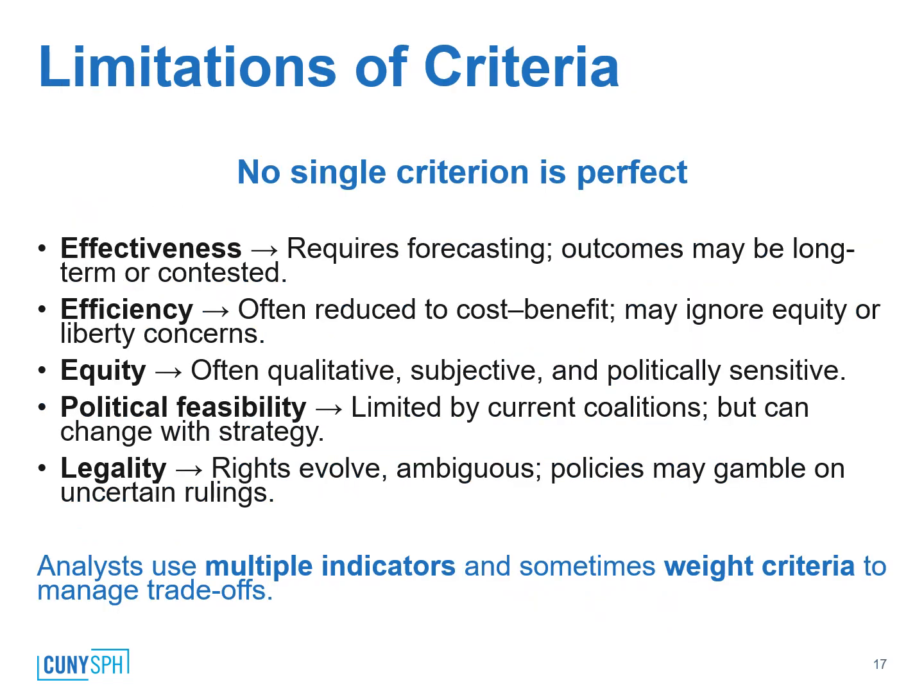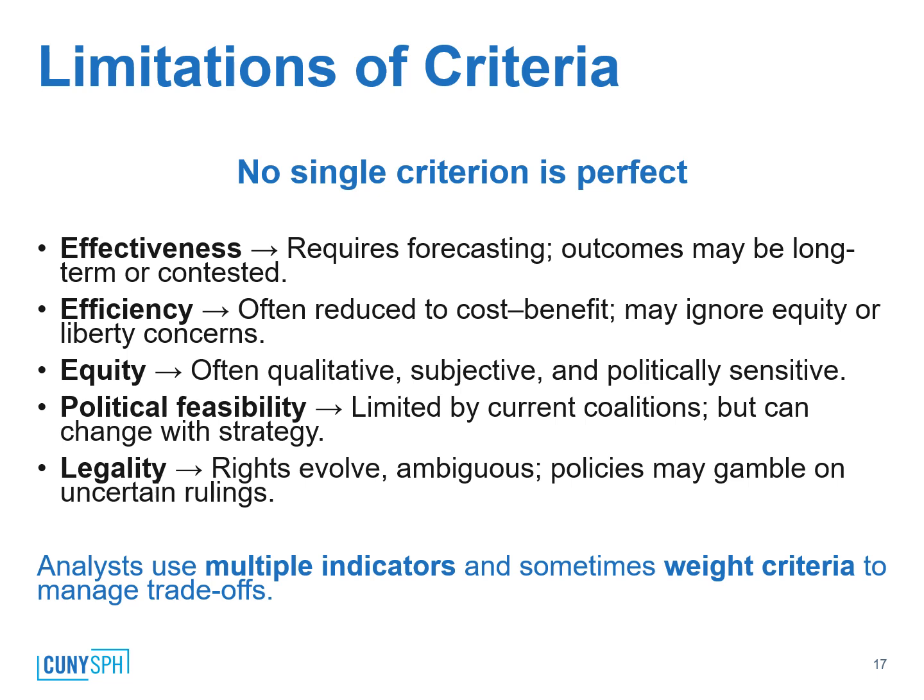Let's also remember that each criterion has its limitations. Effectiveness sounds straightforward, like does the program work, but it often requires forecasts, and long-term outcomes may not be visible for many years.